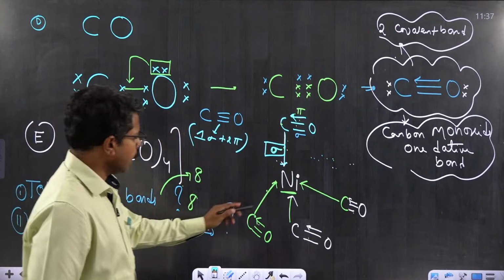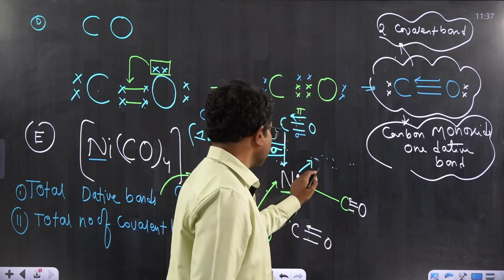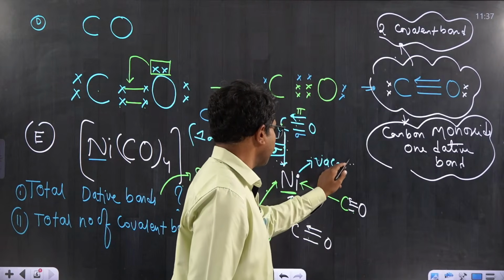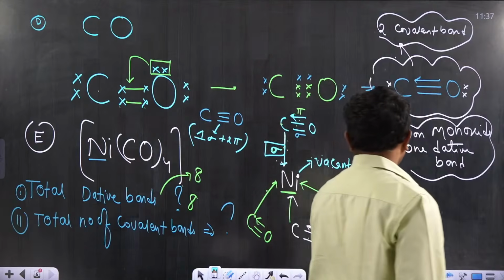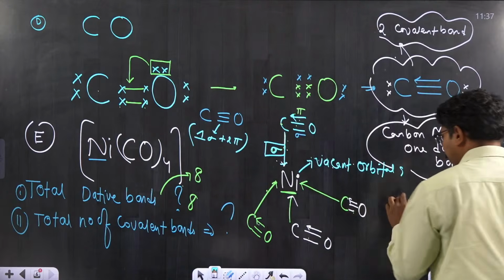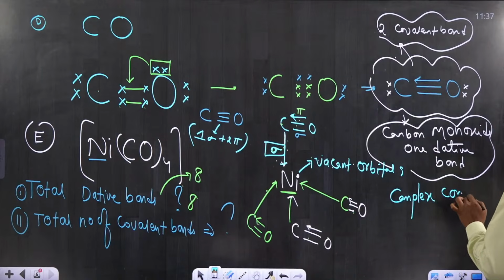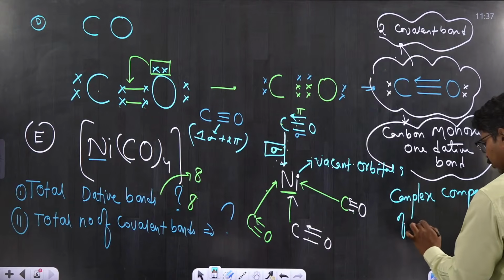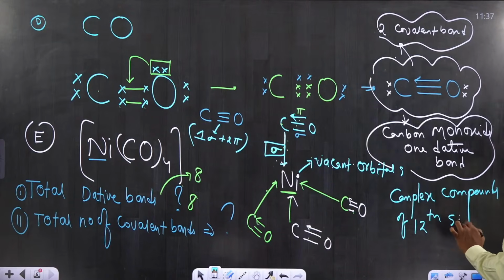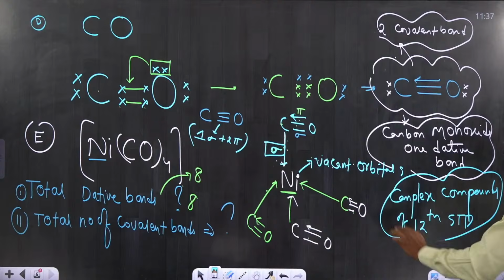Here nickel has vacant orbitals. We have a chapter named complex compounds. In the complex compounds chapter of your 12th course, we will discuss all these details.